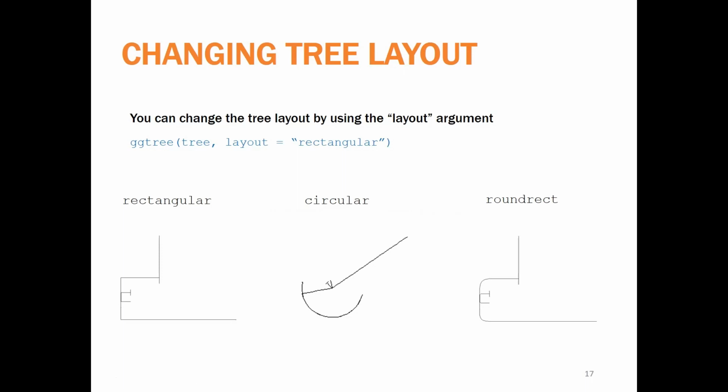You can set the layout to rectangular, and I'll let you guys play around with that. You can try running it as circular. And another one I put in there was, I think, a rounded rectangle. But rectangular is actually the default, so even if you don't set layout, it'll show up as rectangular.